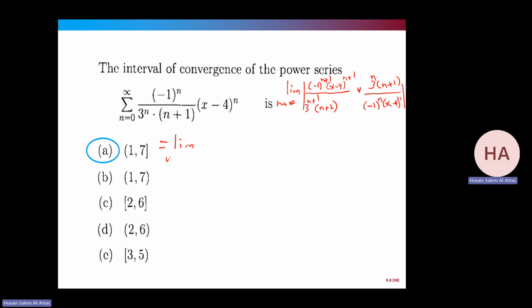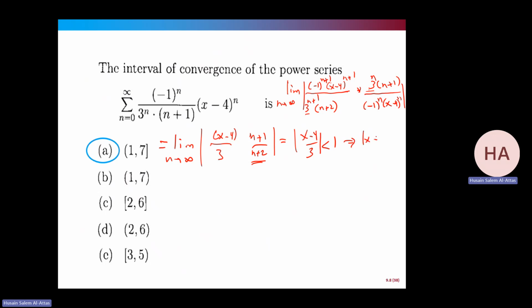The negative is gone with the absolute value. I have |x minus 4|, and for the 3, I have 3 in the denominator, and I have n plus 1 over n plus 2. This limit is 1. So my result is |x minus 4| over 3. I want this to be less than 1.